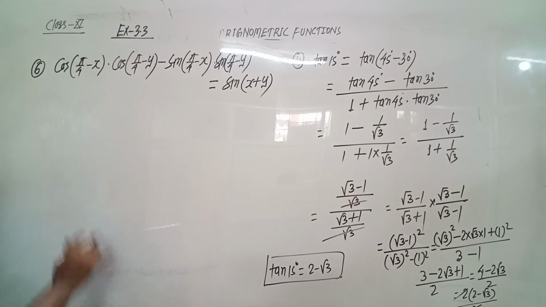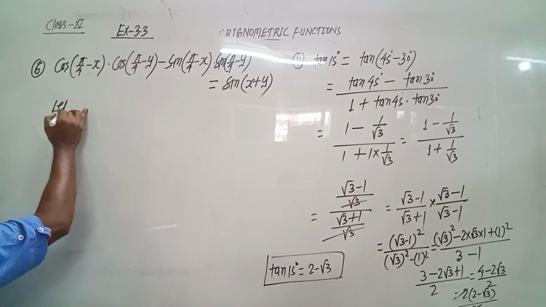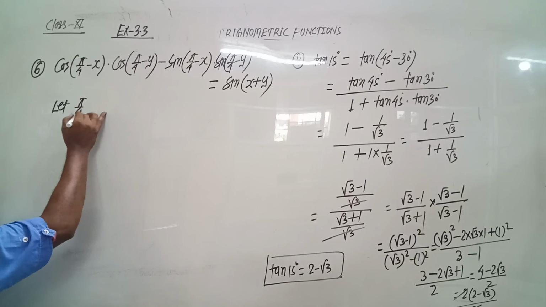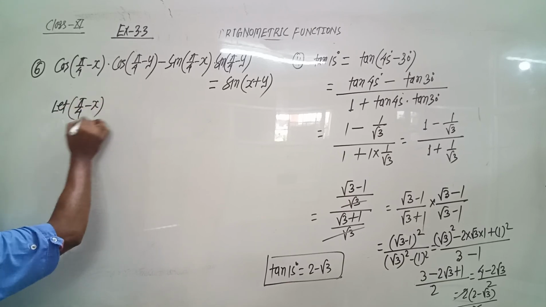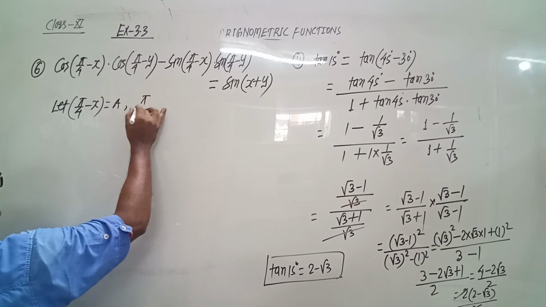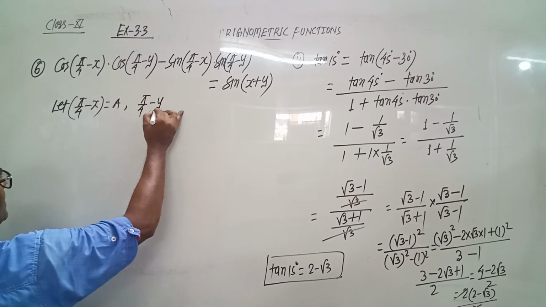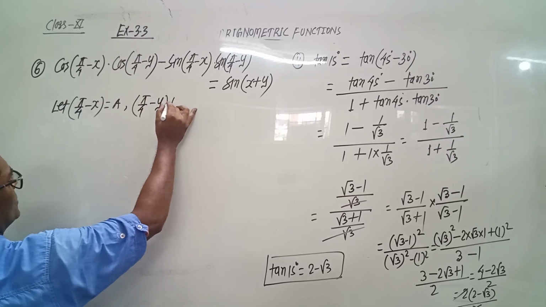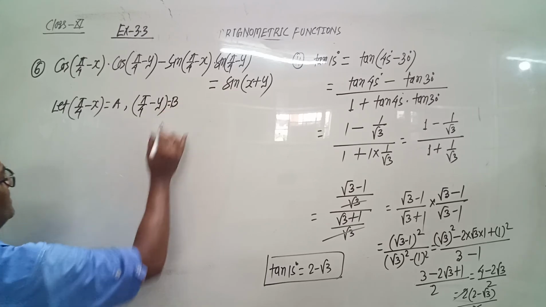So let pi by 4 minus x equal a and pi by 4 minus y equal b. We suppose a and b.